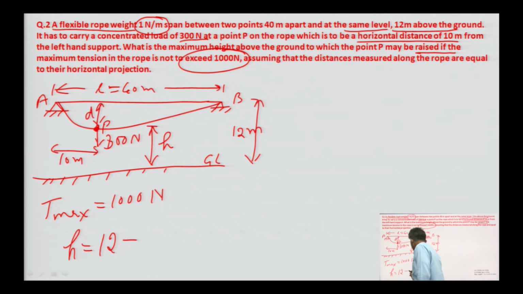If we are able to find the value of this central dip at the point of concentrated load, then with the difference 12 minus d, we can calculate this height h, which is required in this question. So which types of loads are there? First one is the point load, and the other load is UDL, which is being applied in this cable.